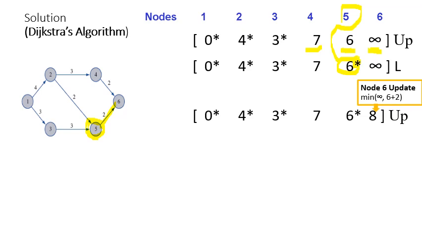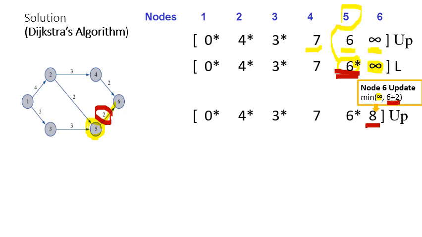In updating node 6, you compare its current label, infinity, with this value 6 here, plus the distance from node 5 to 6. So this 6 plus 2. You compare between infinity and 6 plus 2. 6 plus 2 is smaller, so you write down 6 plus 2, or 8, in this position.